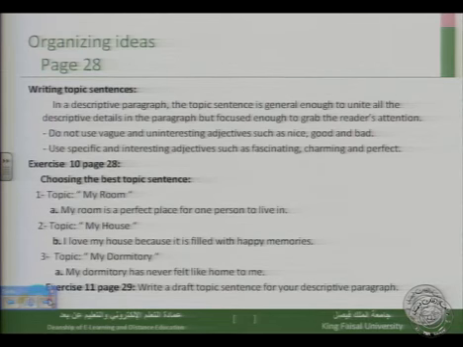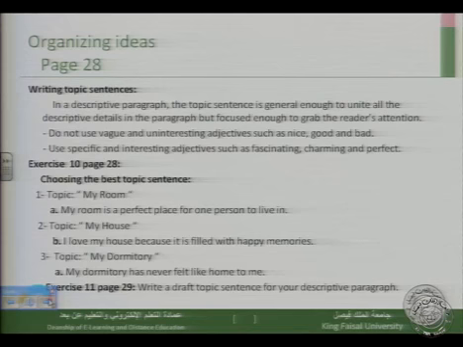You cannot speak about all the details in your paragraph. The second advice is that you should use specific and interesting adjectives such as fascinating, charming, and perfect. So the adjectives that we use in our topic sentence should be interesting and specific to make us able to write about the details of the topic sentence.